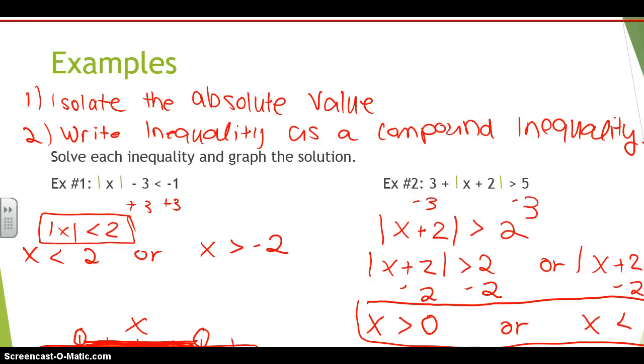That is going to be an open circle at 0. x is greater than, so I'll shade everything to the right since x is greater than 0. Or x is less than negative 4. I have an open circle at negative 4. x can be anything less than negative 4. So that is my graph. I've solved for each and I have graphed.